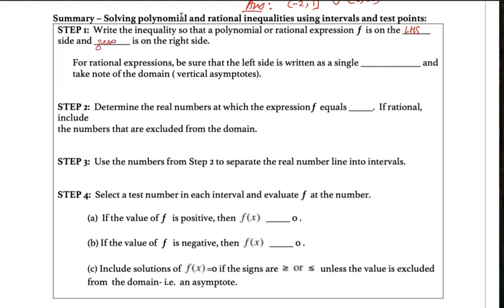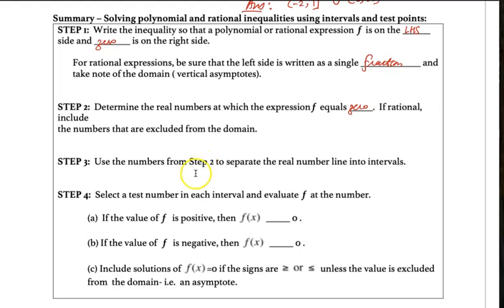For a rational expression, make sure the left side is written as a single fraction, and take note of the domain and vertical asymptotes. Determine the real numbers at which the expression f(x) equals 0.